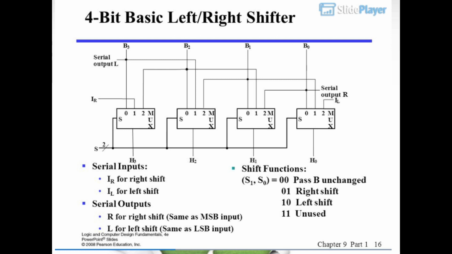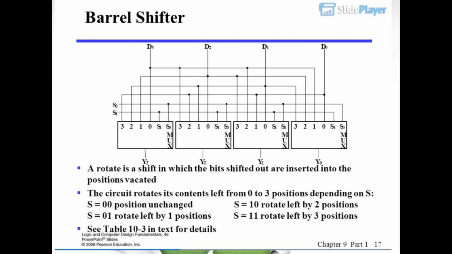Serial outputs: R for right shift, same as MSB input; L for left shift, same as LSB input. Shift functions, S1 S0 equals 00 pass B unchanged, 01 right shift, 10 left shift, 11 unused. Barrel shifter.